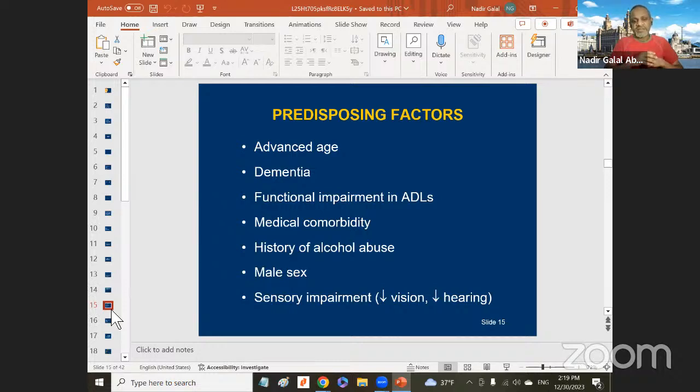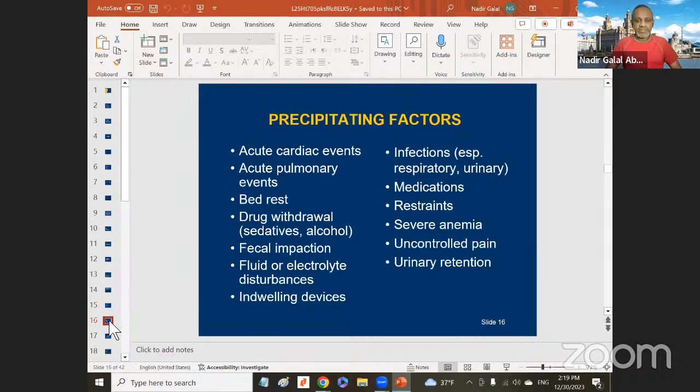Males tend to have delirium more than females. And if they have sensory or hearing impairment. So there are some factors that also contribute to delirium. Let me answer this just a second.